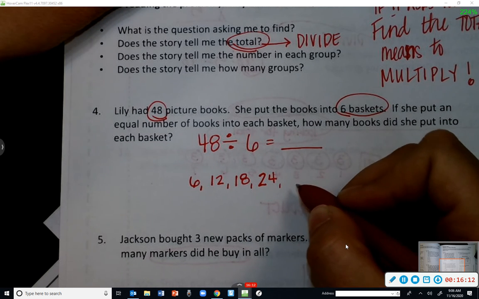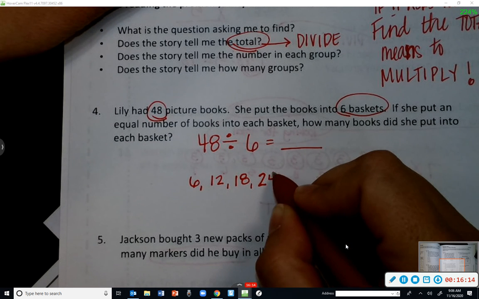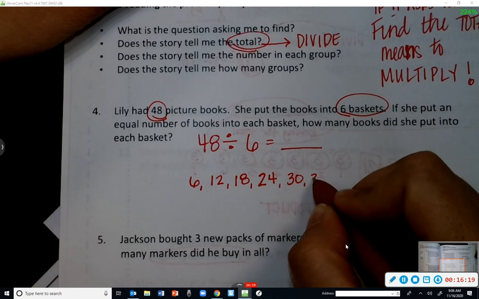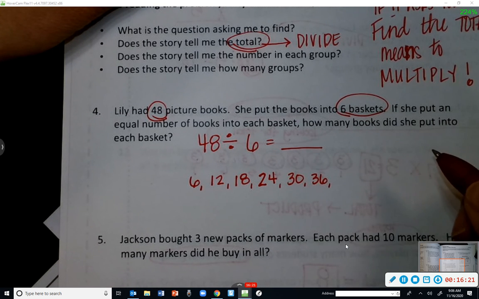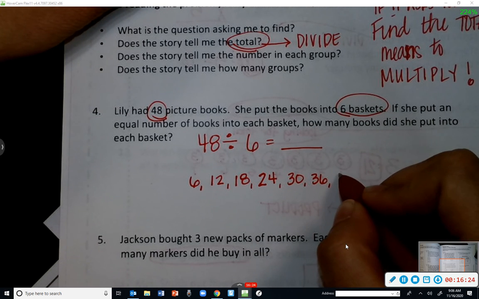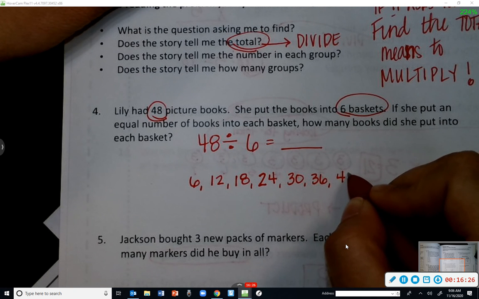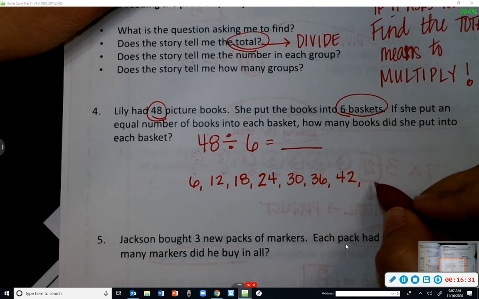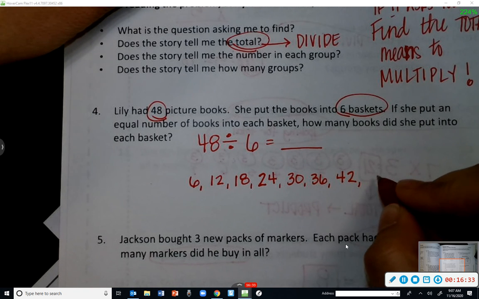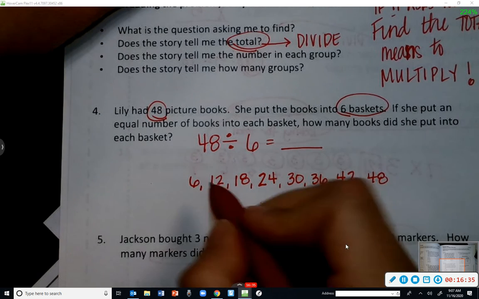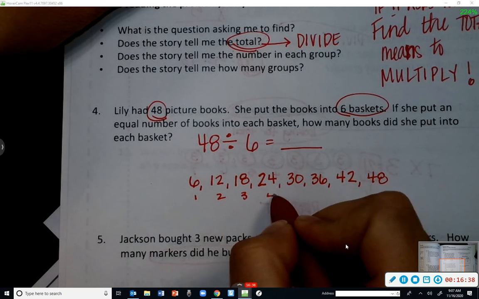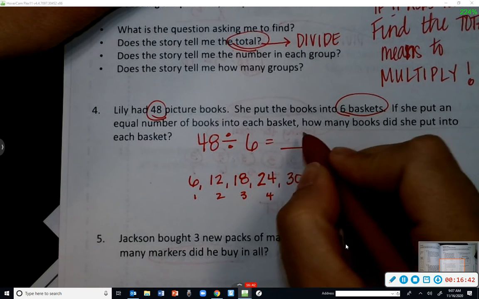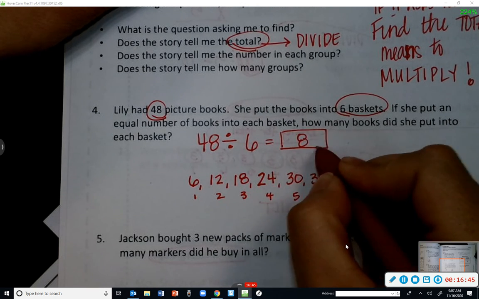Good. 24 plus 6. 30. 30 plus 6. 36. 36 plus 6. 42. Good. I need to go to 48 though, so we can't stop yet. 48. Okay. 1, 2, 3, 4, 5, 6, 7, 8. I skipped 8 times, so 8 should have been your answer.